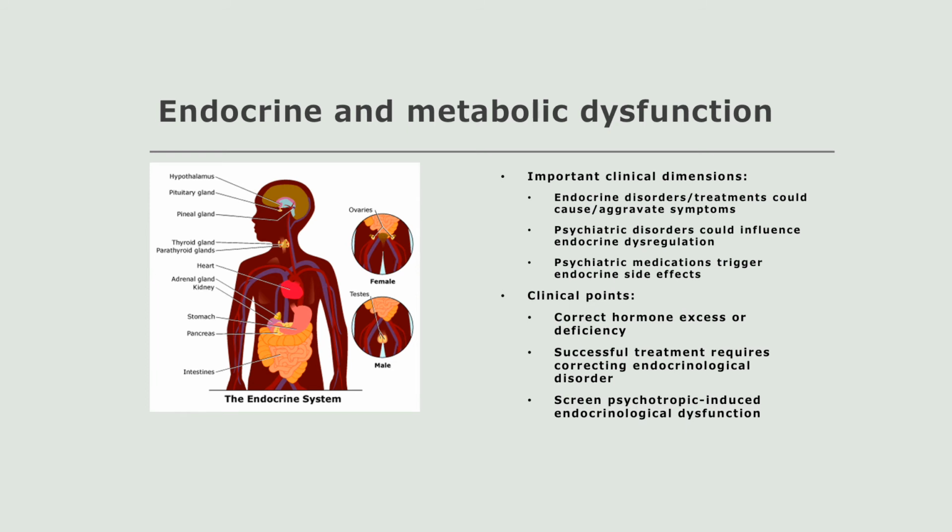Psychotropic-induced endocrinological disorder, such as lithium-induced hypothyroidism, nephrogenic diabetes insipidus, antipsychotic-induced metabolic syndrome, or hyperprolactinemia, is common. It is therefore important to screen routinely through both lab tests and symptom assessment.